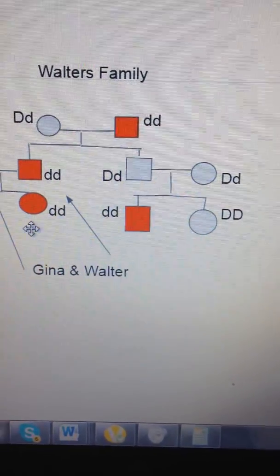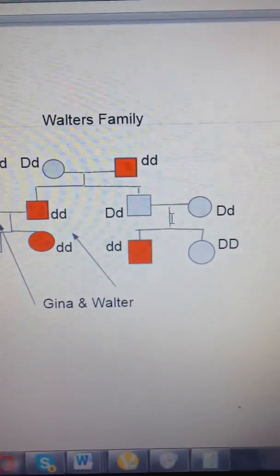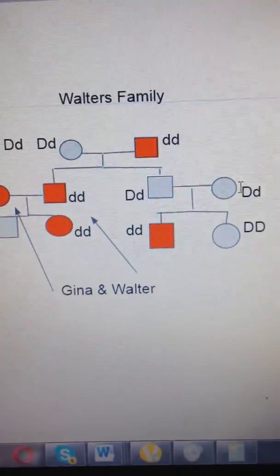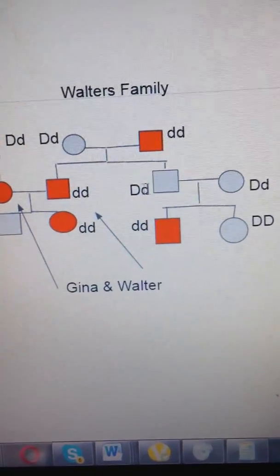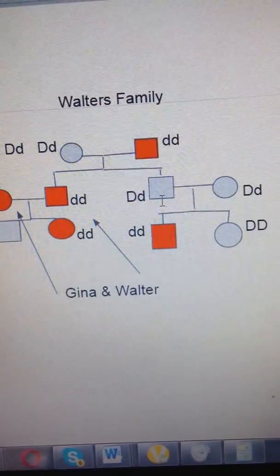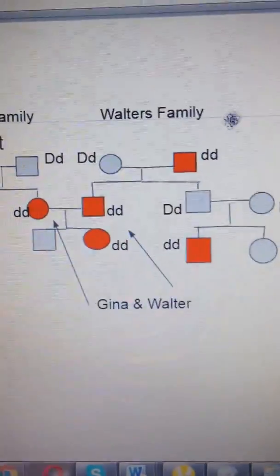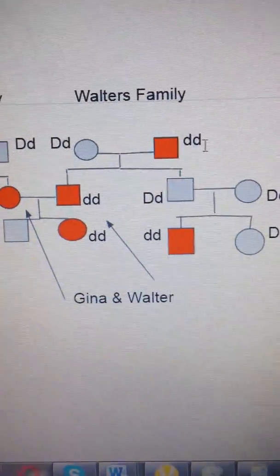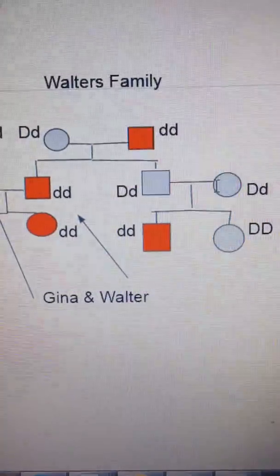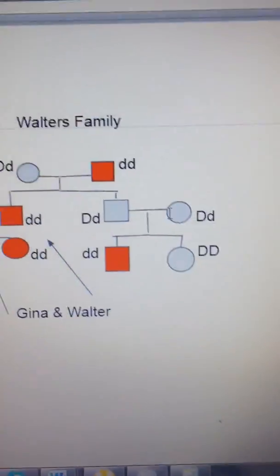She had to have had one uppercase D because his brother was normal, and since being normal is dominant over having the disorder, you only need one parent to give the capital D to the brother in order for him to be normal. But he had to have had and carried the lowercase d in order to pass it on to his son, which is kind of the key factor in all this in figuring out whether it's dominant or recessive.